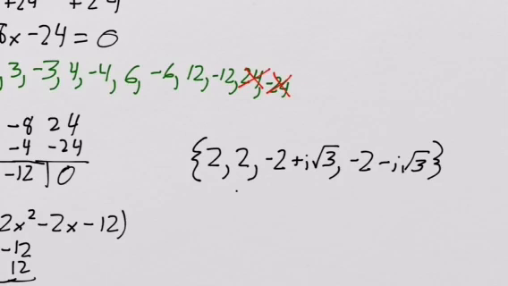I am totally fine with you putting negative 2 plus or minus i root 3 there. And my math lab may insist on you not putting the 2 twice. The reason I put it twice, I'm going to talk about in the next video.